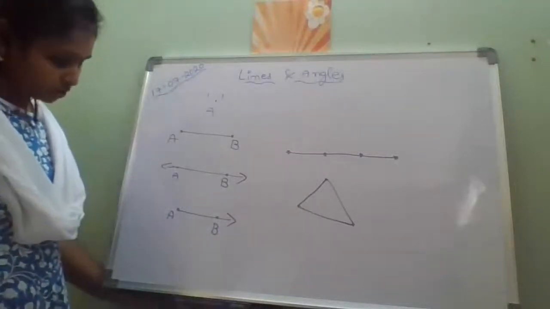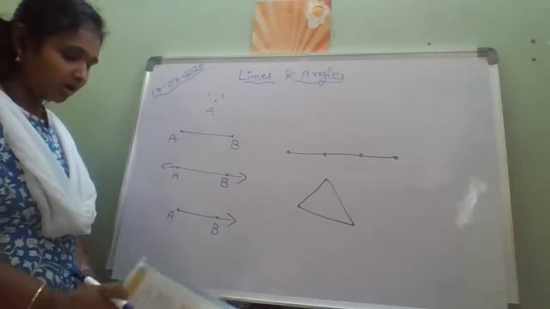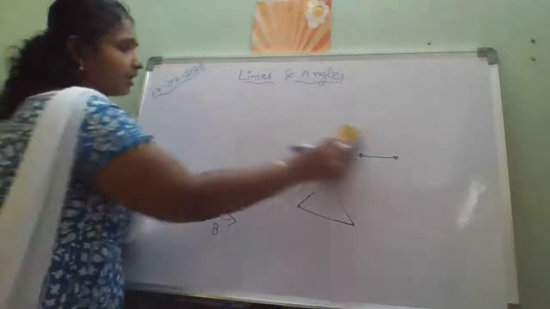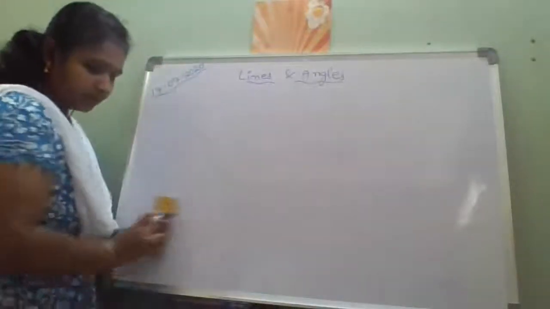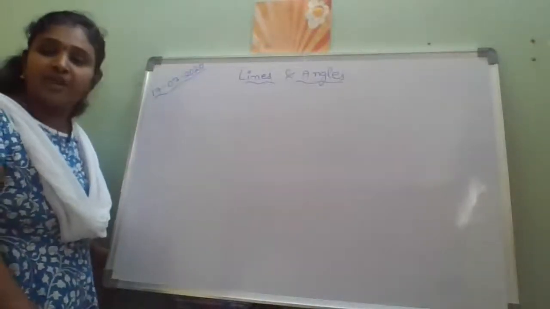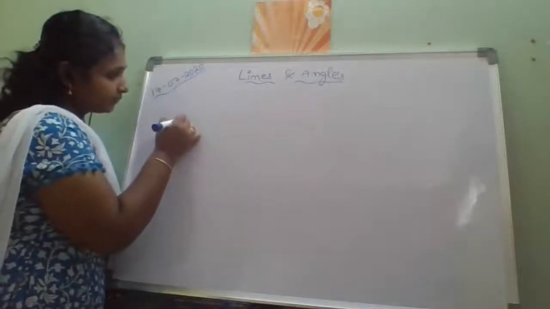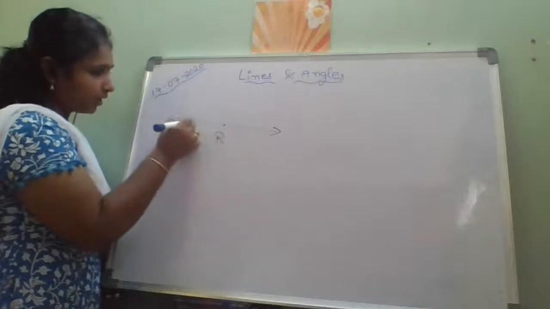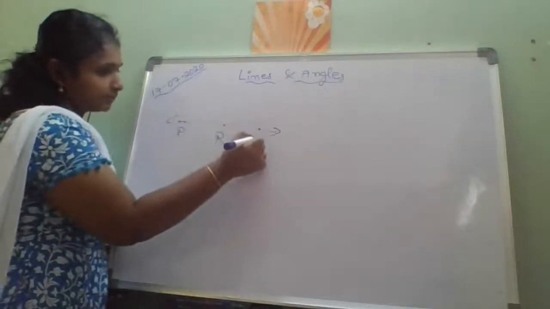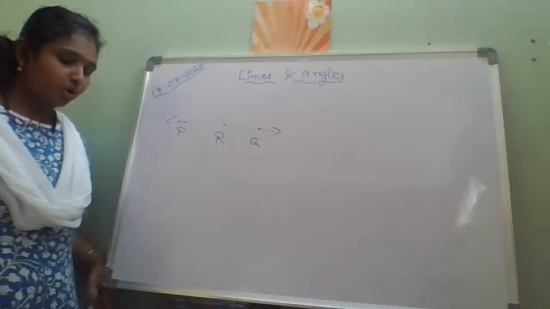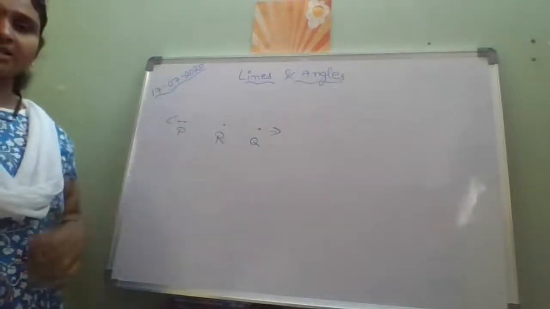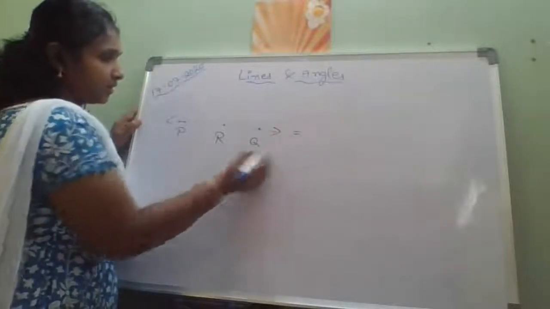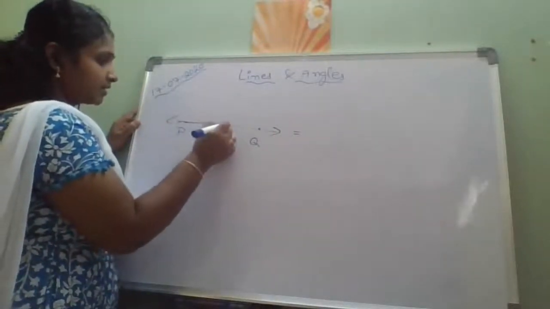Okay. So now I will draw some lines. Tell me the number of line segments. See, this one, points P, Q. Here, how many line segments are there?